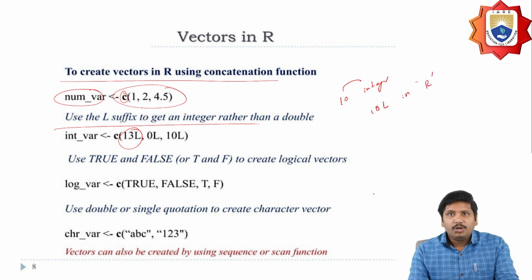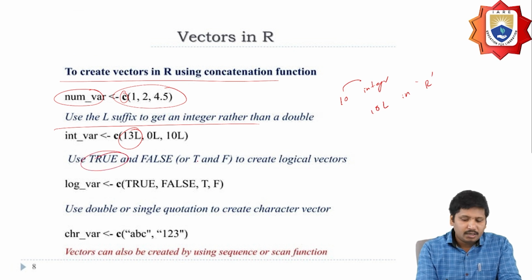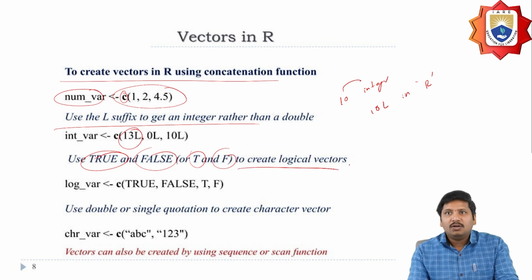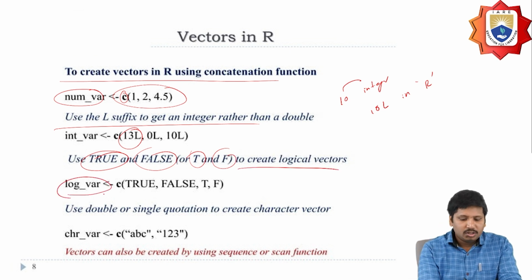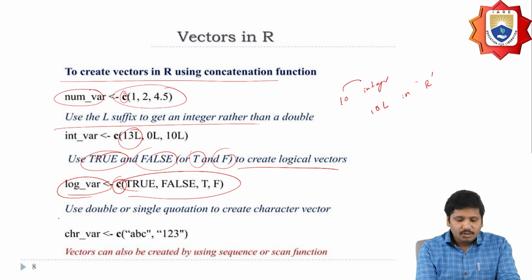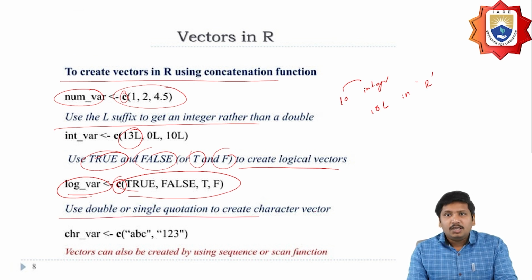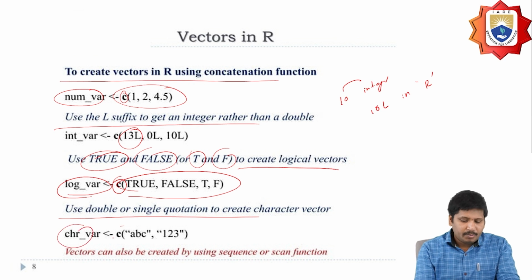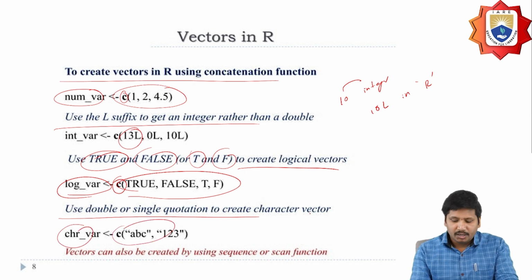Similarly, if I'm going to use boolean values like TRUE or FALSE, as shorthand I can also write T and F to create logical vectors. Here the logical variable I created, by the use of the c function, is a logical vector with values TRUE, TRUE, FALSE, FALSE. By the use of double and single quotation notation, you can create a character vector. So for the character variable, by the use of the c function, I'm going to create the character vector.